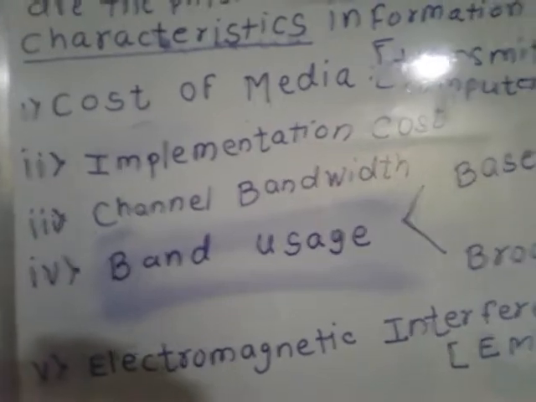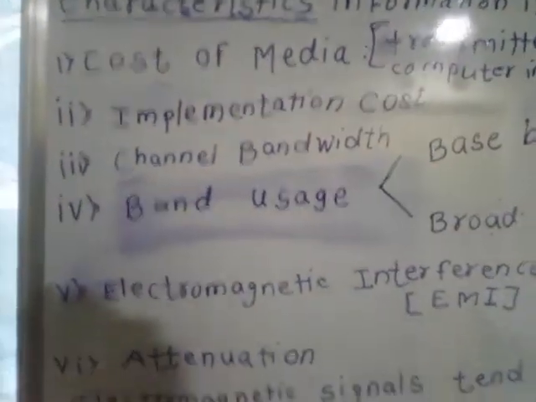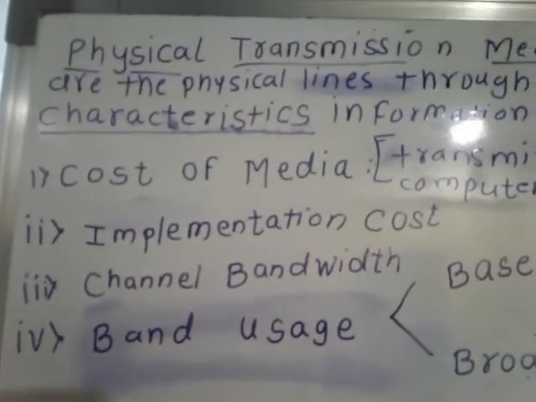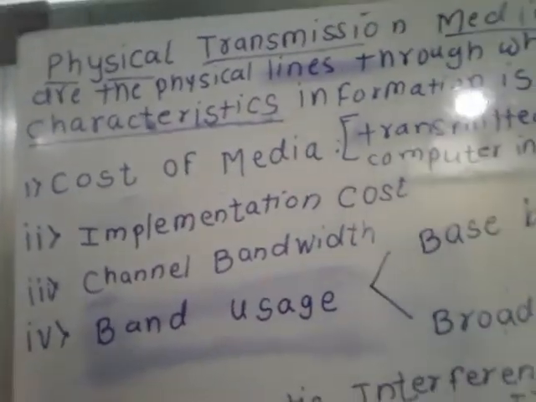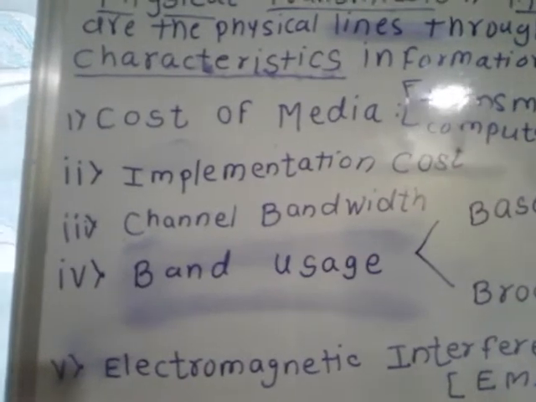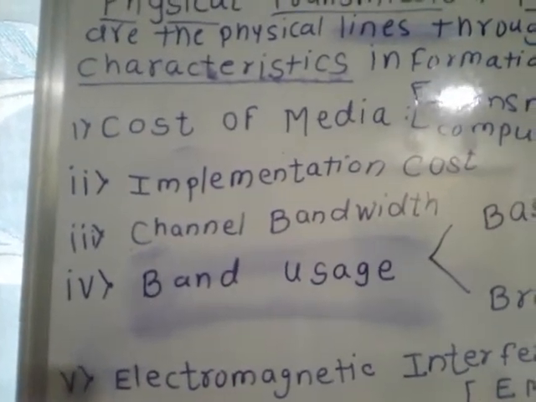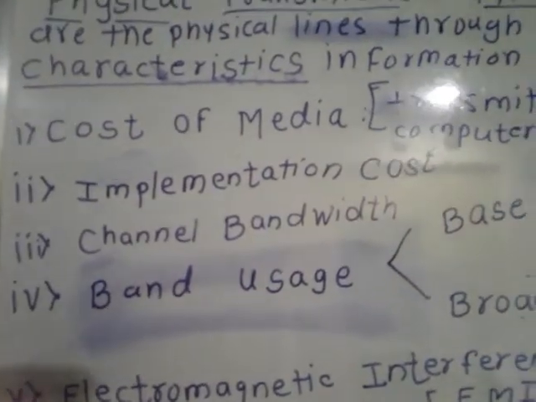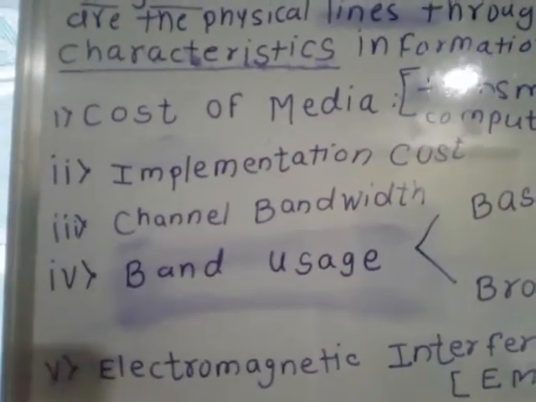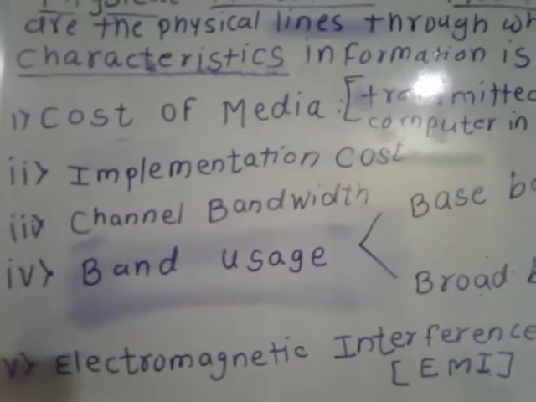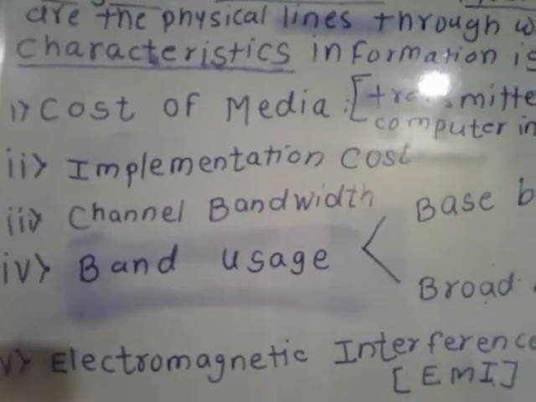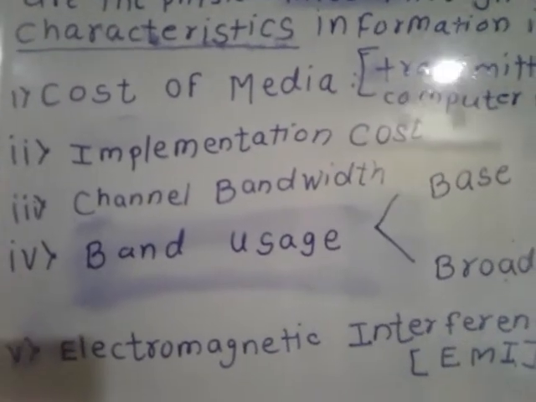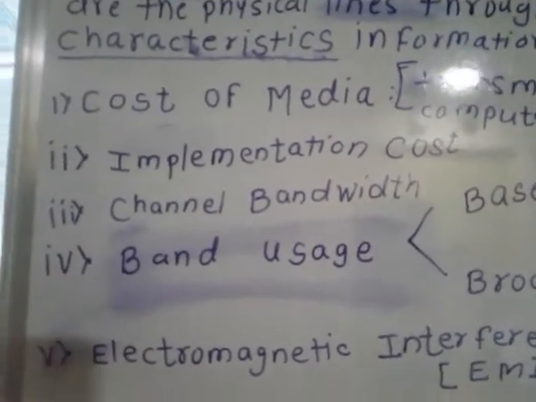Now the next is channel bandwidth. What is the meaning of bandwidth? Bandwidth is the measure of the capacity of a medium to transmit data. When we want to transmit data, the capacity is measured in bandwidth, which is called channel bandwidth.